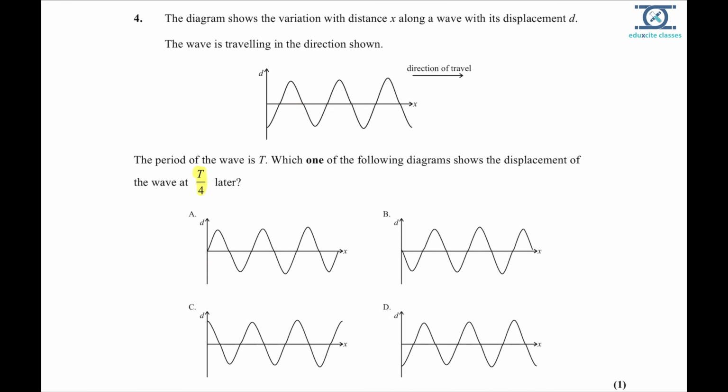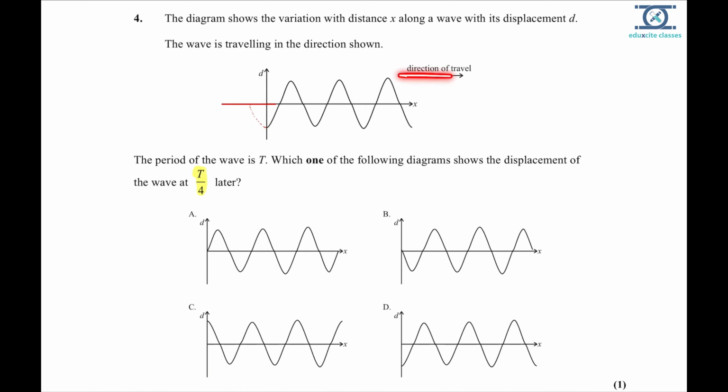So the easiest way is to extend the wave in the direction of travel. So let us say this wave is coming like this. After time T by 4, so this is T by 4, this is T by 4, because 1/4 of the wave will move in 1/4 of the time.